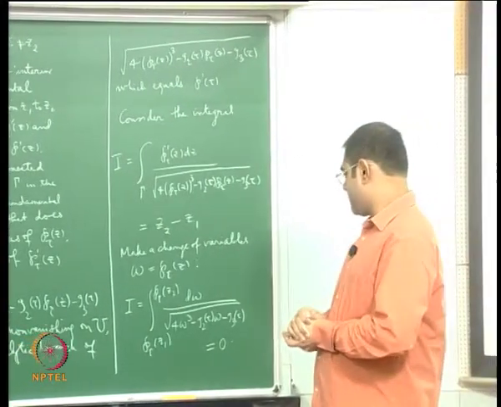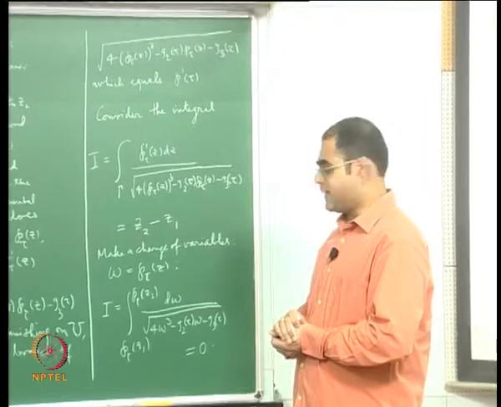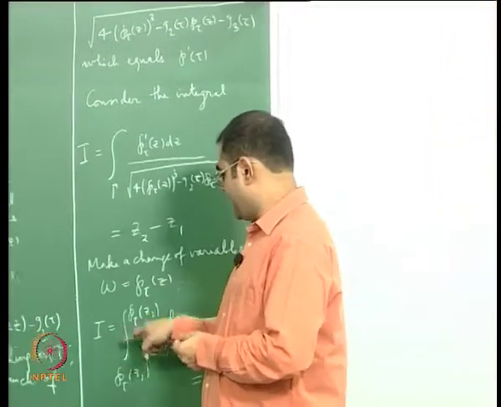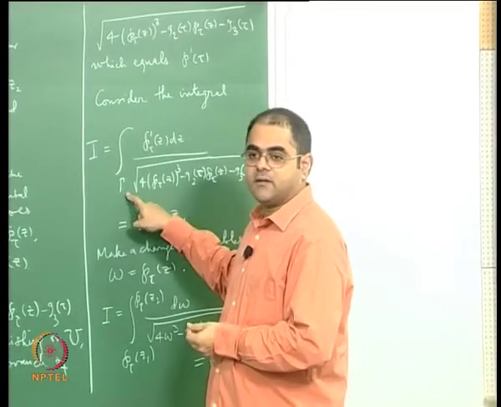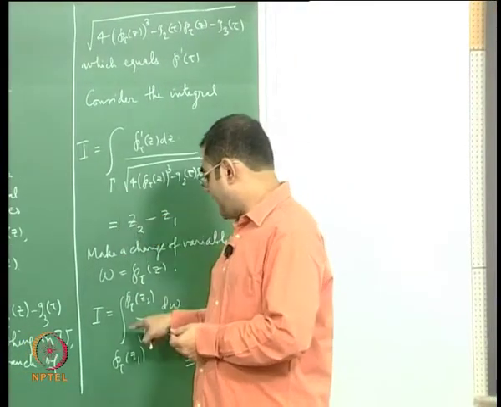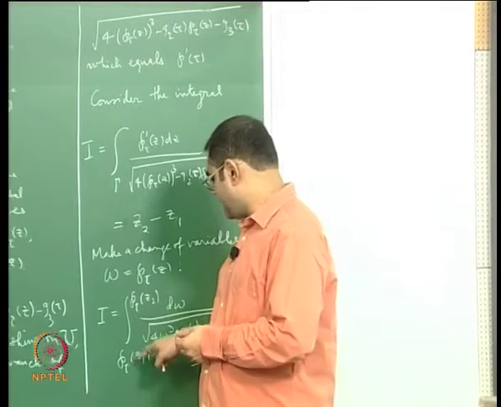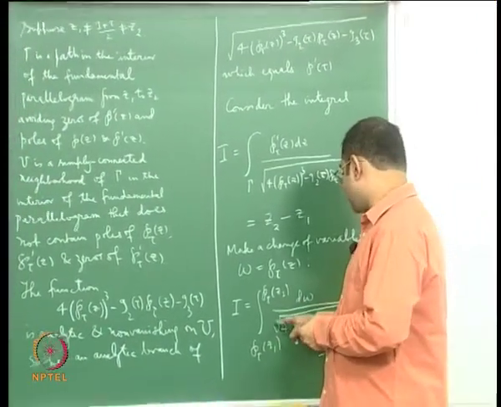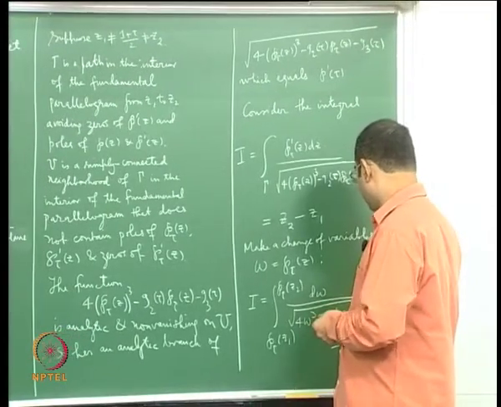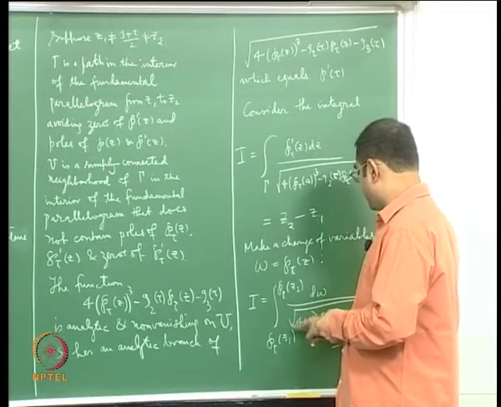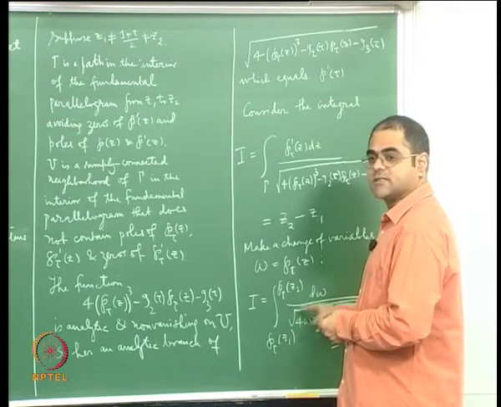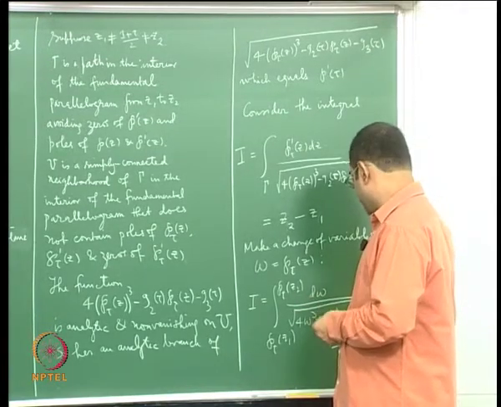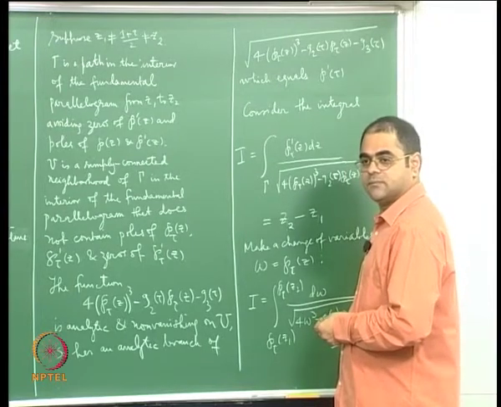The point is that in principle you are integrating over the image of gamma in the omega plane, and that would be a closed path starting at phi tau of z1 which is equal to phi tau of z2. But you are able to use an analytic branch of this square root, so this integral is actually 0, okay.